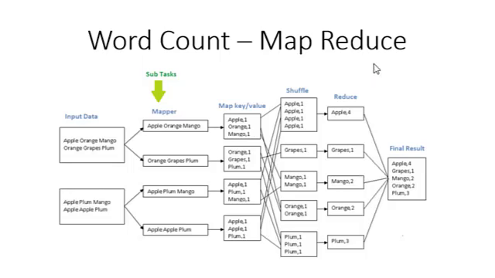Then there is a phase called the shuffle phase. In the shuffle phase, the fruits are combined together according to their same type. So all the apples are brought into one box in one place together, and all the grapes and mangoes are brought into their same place. And then finally the reduce step occurs, where all these are aggregated, combined together.